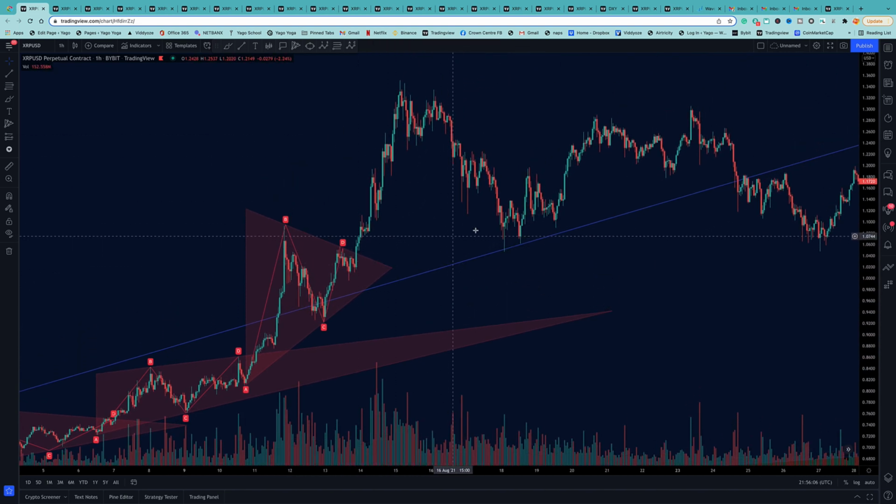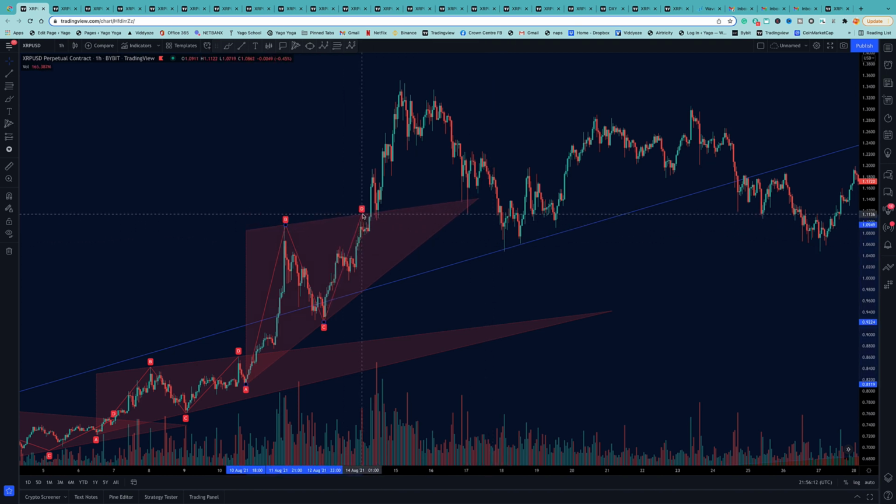Could you put your D, the last point, higher than it is, and would it still be okay? Yes, you could. In truth, you have your two waves here.